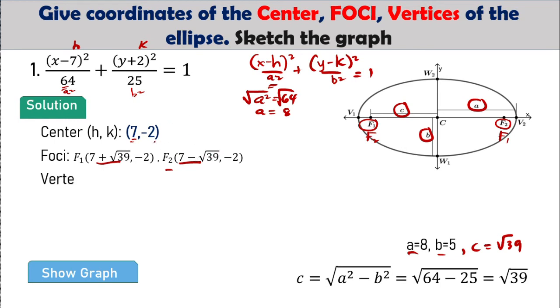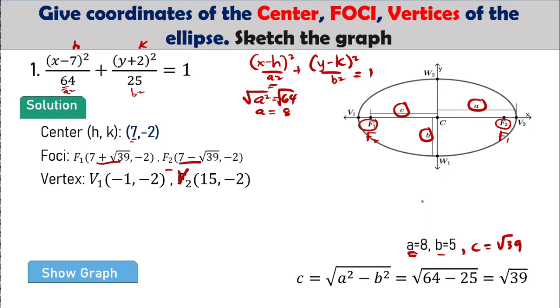Okay, let's proceed. Now, the vertex. This is the vertex, the A. Our A is 8, meaning we add 8 units and we subtract 8 units from the center. This is V sub 2.